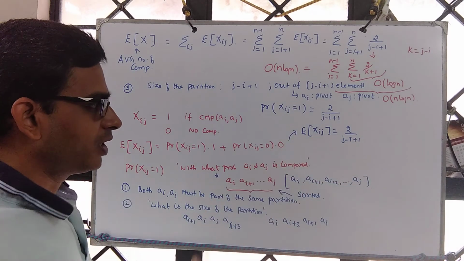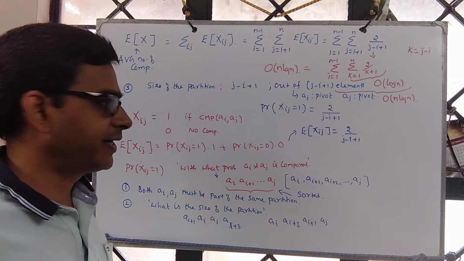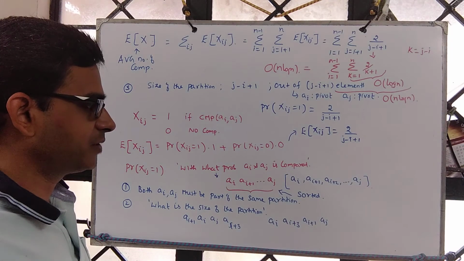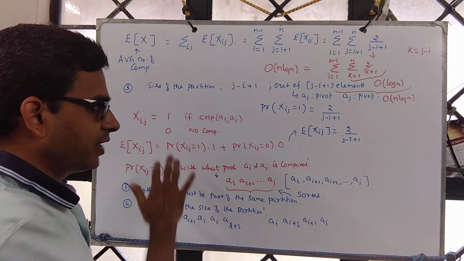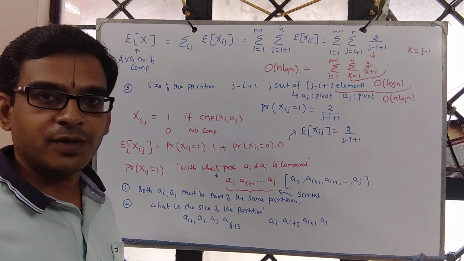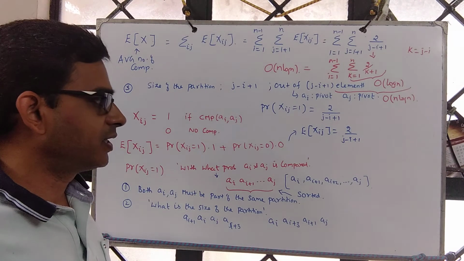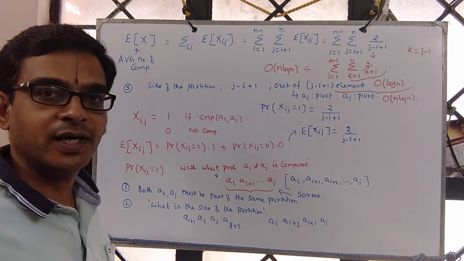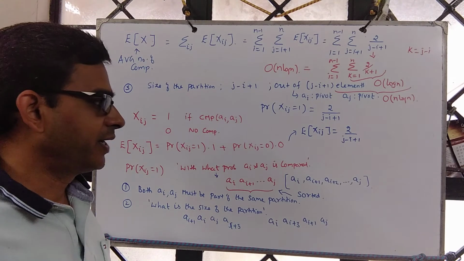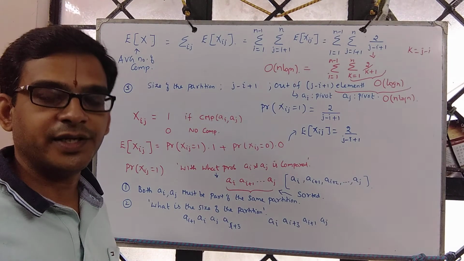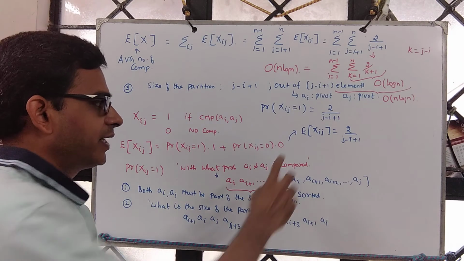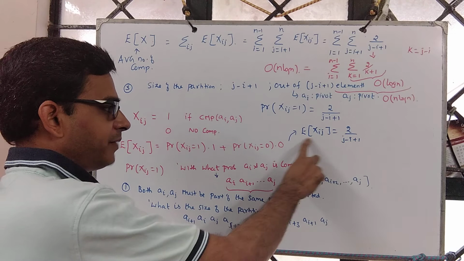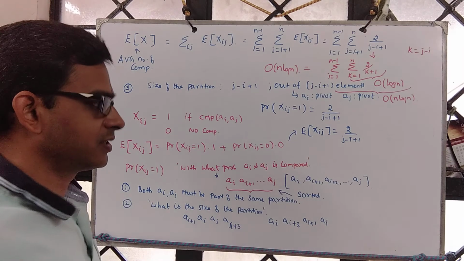Then we consider all possible values for the indicator random variable, that is all possible values for i and j. You are asking with what probability, or what is the expected cost, of comparing the elements 1 and 2, expected cost of comparing 1 and 3, then 2 and 4, 10 and 6. Like that you look at all possible pairs and their expected cost.